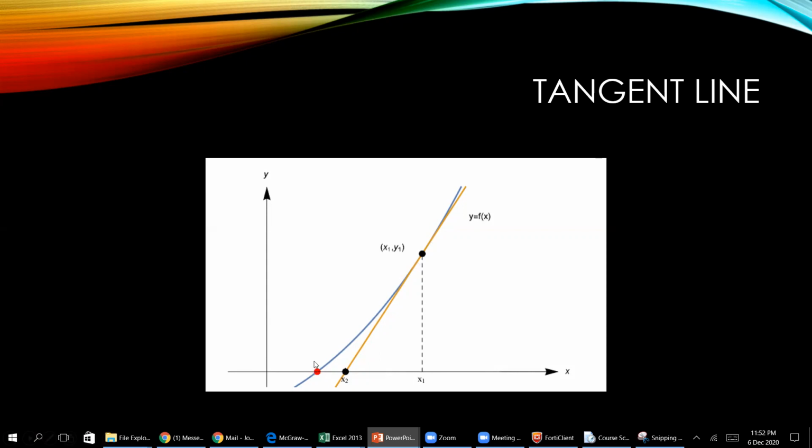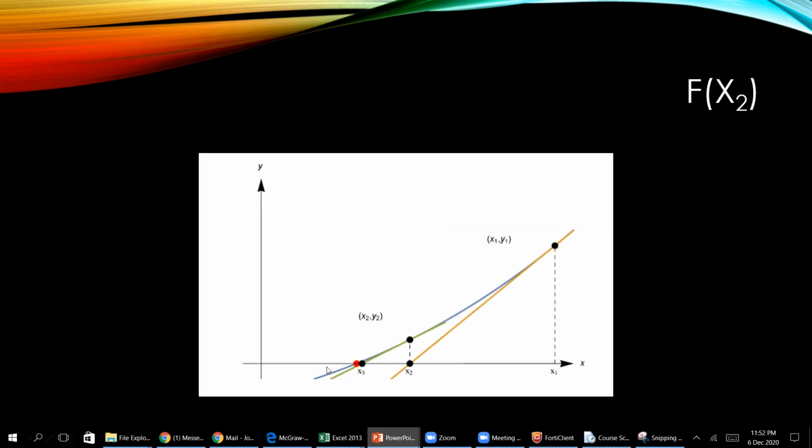So if it's 0, we're finished. If not, then we draw the tangent line to y equal f of x at (x sub 2, y sub 2), and our next guess will be x sub 3. This will be the new solution. As you can see in this figure, x sub 1, x sub 2, x sub 3 rapidly approach the red solution point.